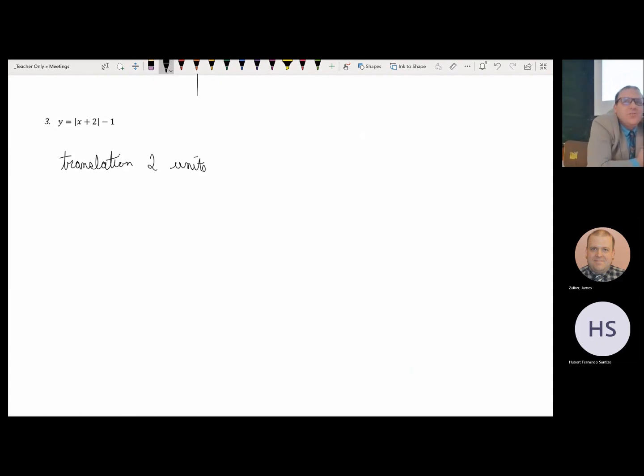It's inside the function, so it tells us it's a horizontal shift. Plus 2 is telling us it's going to the left. And so 2 units left, and 1 unit down.